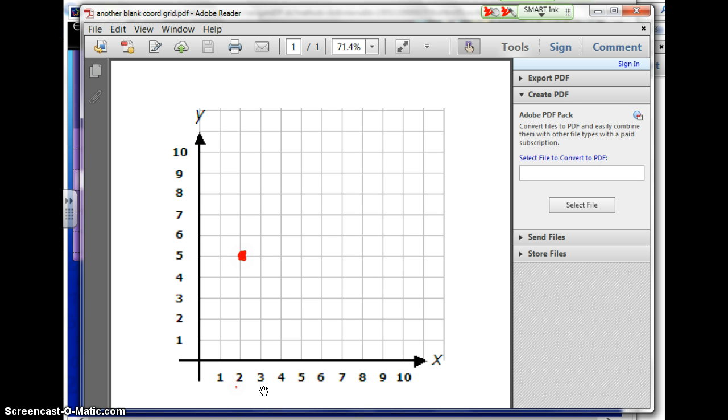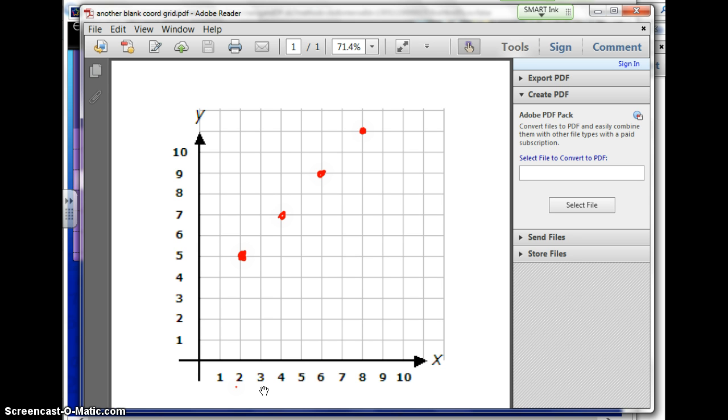Start at the origin, over 4, up 7. Start at the origin, over 6, up 9. Over 8, up 11.